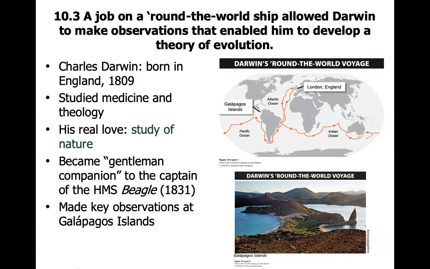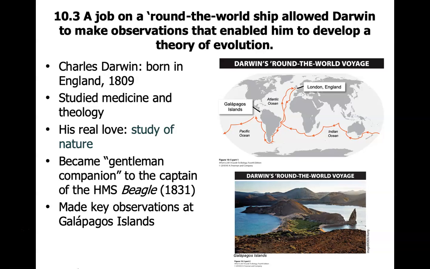Plant specimens, animal specimens, fossils. He collected a whole bunch of birds. He collected leaves and things like that. He collected them and then sent them back to England to be cataloged and sorted by experts in the various fields.